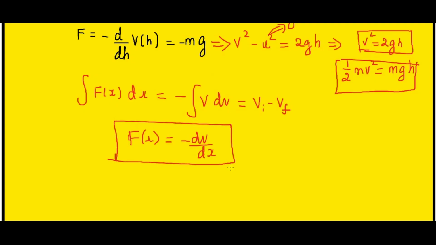So what is the final equation we are going to have here? By taking vi as the initial value of the potential and vf as the final value of the potential.